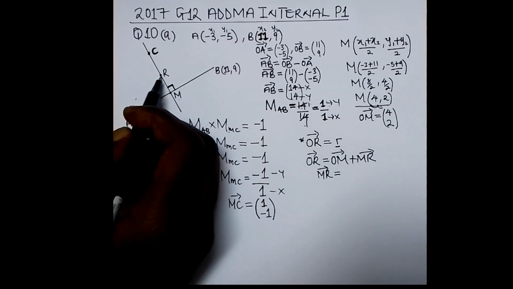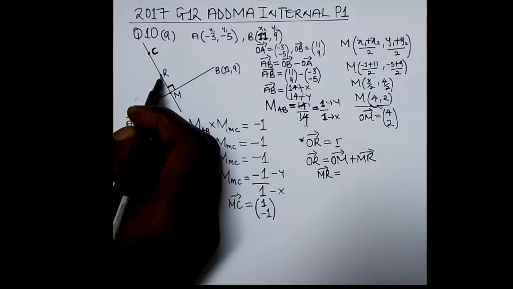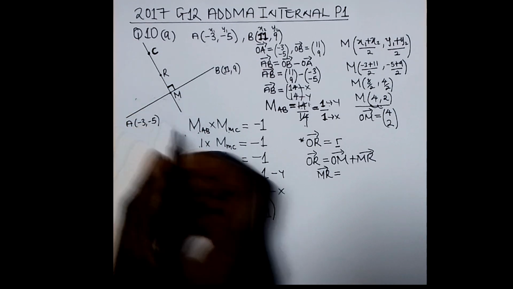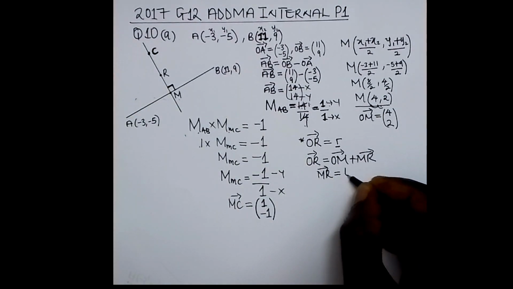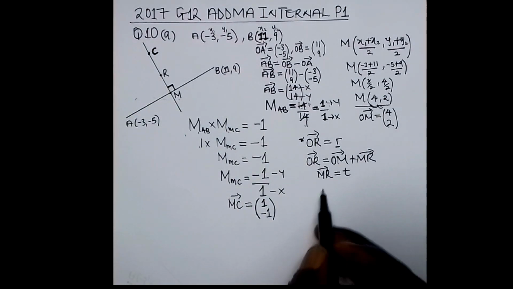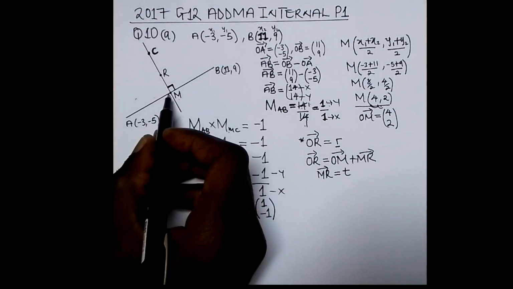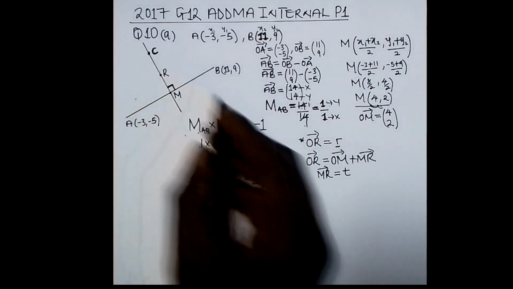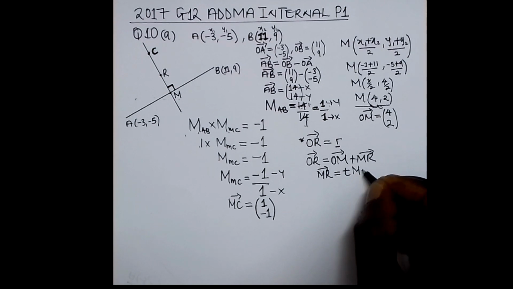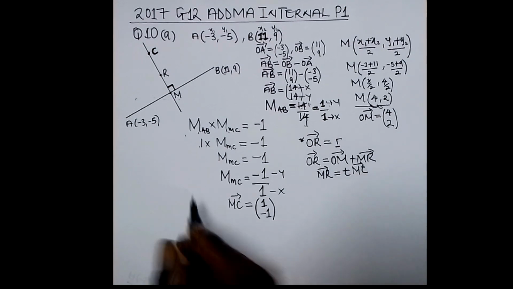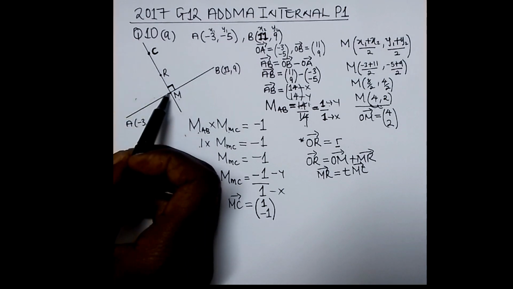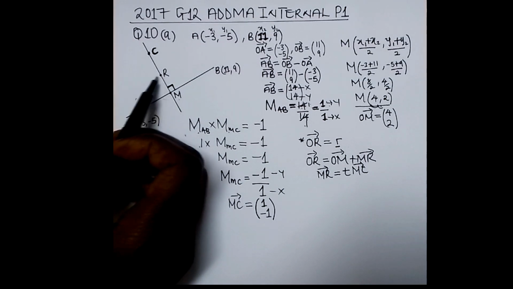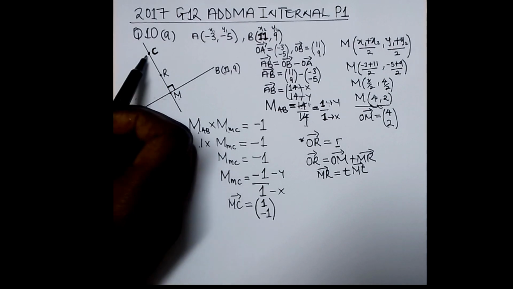Therefore, the MR vector can be expressed as t MC vector, meaning the value that we don't know, we're going to let it be t. So the MR vector is equal to t of MC. This means that MR is part of the line MC, so it's just taking a fraction of the line MC.